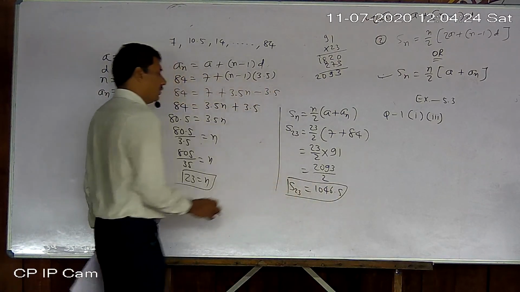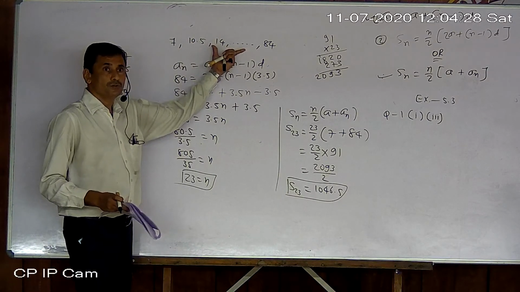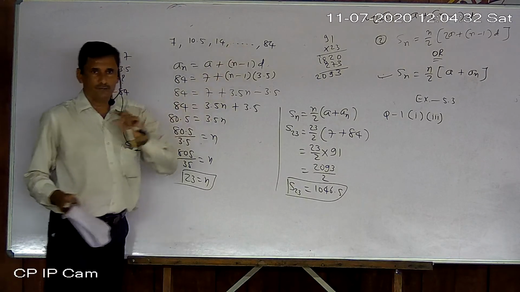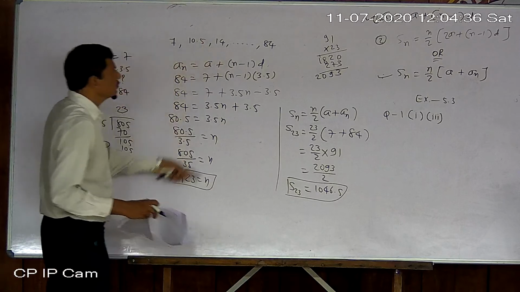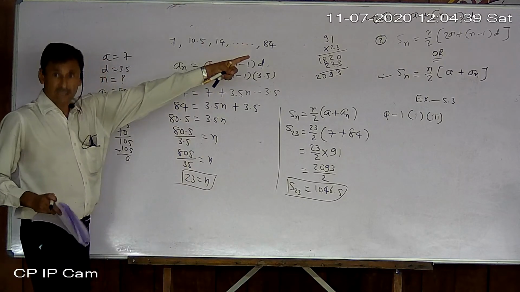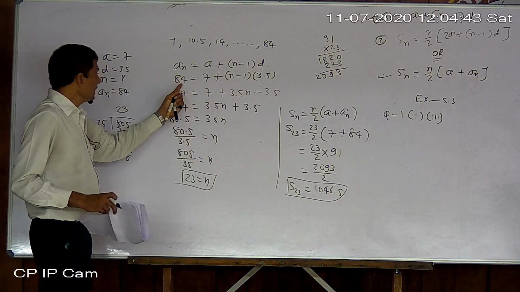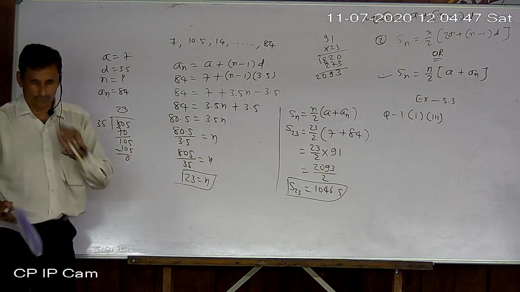Okay, sum of 23 terms. At the initial step we don't know that 23 terms are there, because how many terms are missing here we cannot know. For that purpose we first go through the an formula from previous lessons. At that time an is given, so we found n. How to find n, that you know.